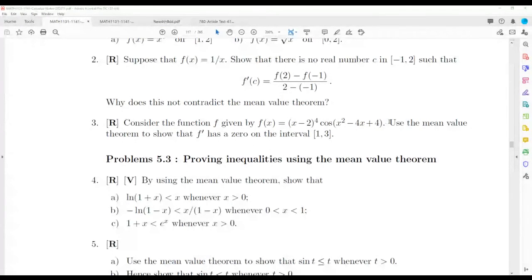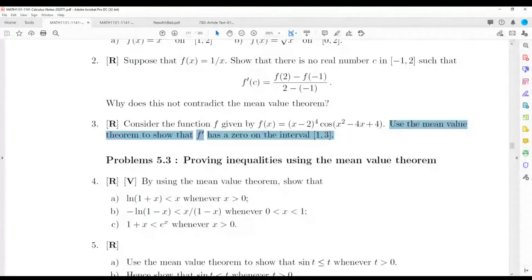Question 3, use the MVT to show that f dash, the derivative, has a 0 on this interval. That's it. We don't need to find the value of C to show that the derivative is 0 at some point. So that's quite a subtle idea there. You don't need to find something to show that it exists. That's one of the amazing things of the MVT.